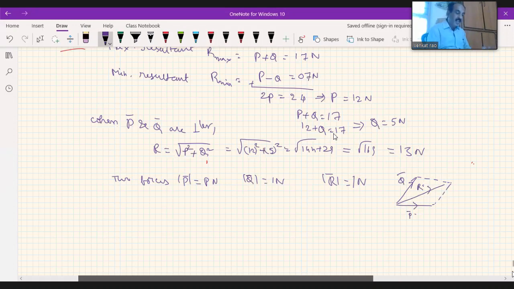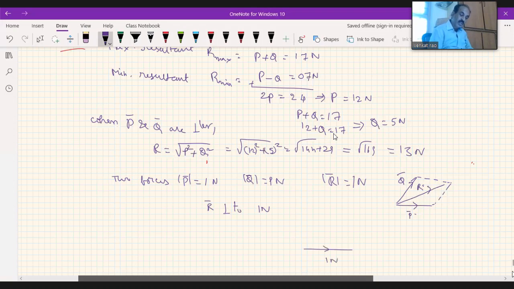But this R bar is perpendicular to, sorry, the first vector is 1 Newton, Q bar is 1. And automatically R bar is perpendicular to 1 Newton. That is given. And that means I will draw the diagram.